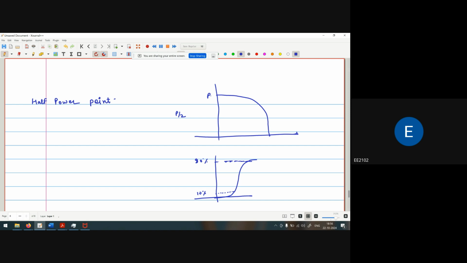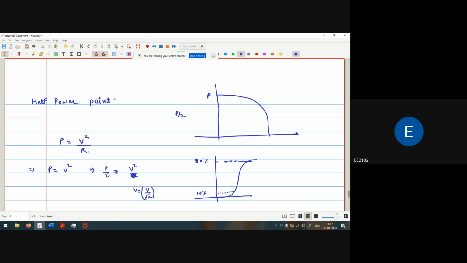Now if I am calculating the voltage, power is nothing but V square by R, and for the normalized resistance value, P is nothing but V square. If power is half, that means P by 2 equals V square by 2. So what is the value? V is the original value by root 2.